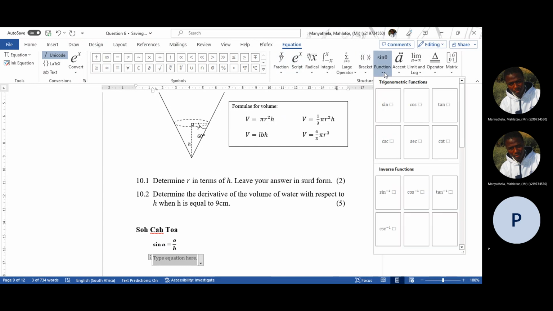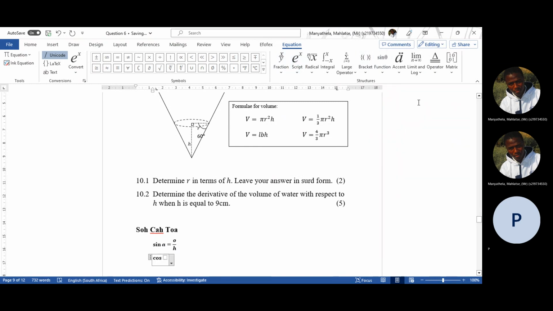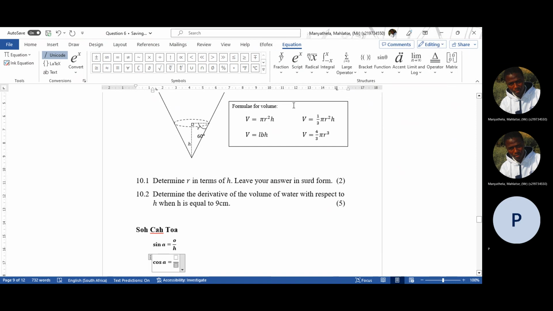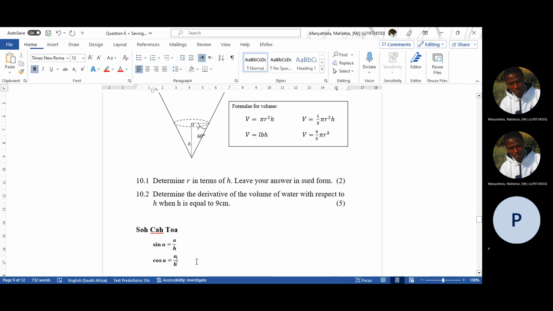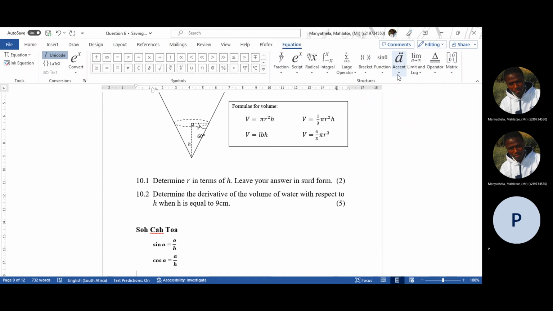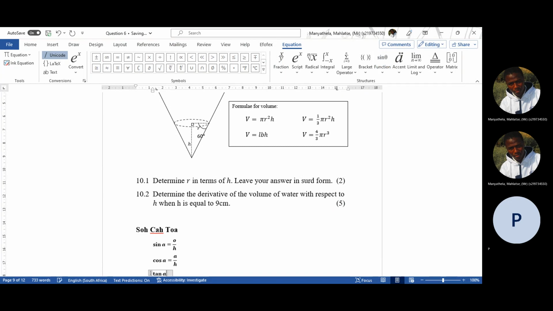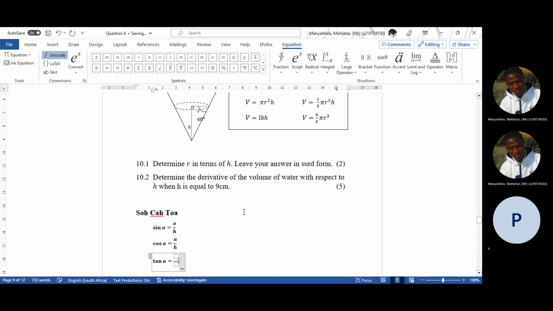Cos A is equal to adjacent over hypotenuse. And then tan A is opposite over adjacent.